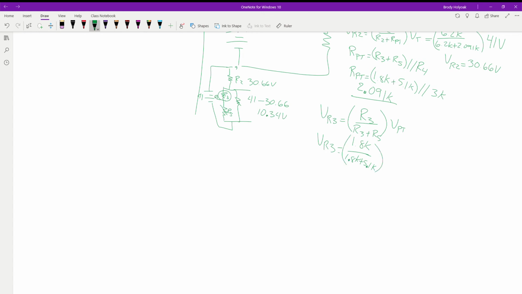And we multiply that value by the 10.34. What does that value come out to be? Which is what we'd expect. We've got roughly 2K out of 6K. We're only going to be seeing about 20% of that total voltage. It all comes down to portions of portions of portions. That's what we're solving for.